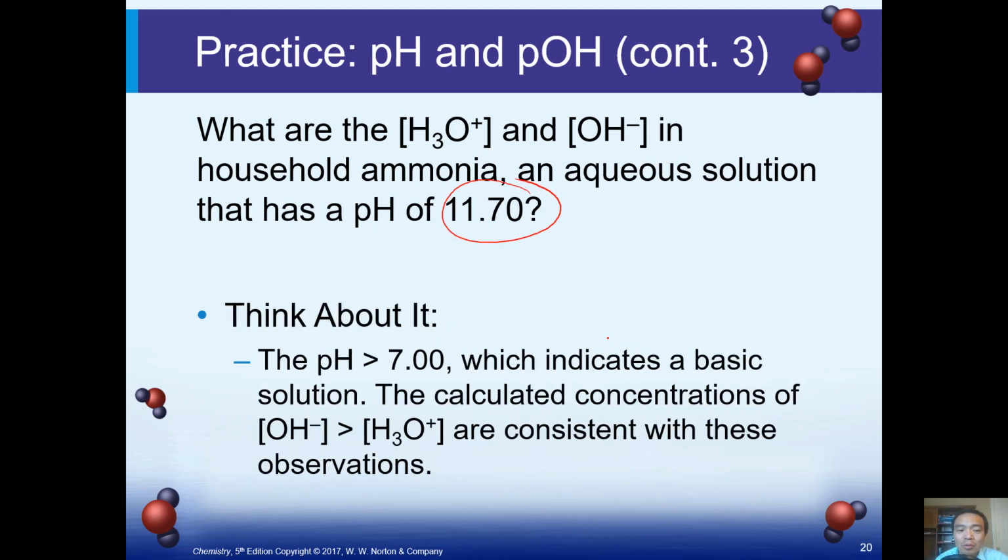One thing I want you to be 100% clear: in any water solution, you will always see both hydronium ion and hydroxide. They cannot be zero, because the product of these two will be 10 raised to negative 14. However small that is, any of this hydronium or hydroxide concentration can never be zero. They always coexist.